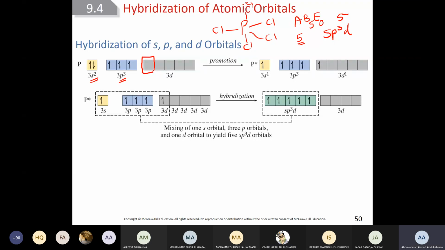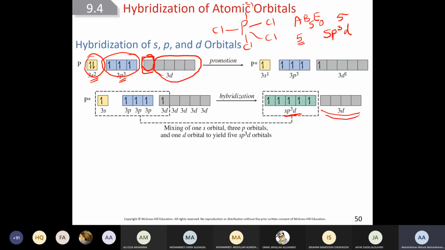Each one is called what? sp3d, which is 1 plus 3, 4, plus 1, 5. And these are 1, 2, 3, 4, 5. And then how many d orbitals are we going to have empty? 4. Why? Because we took 1 away.